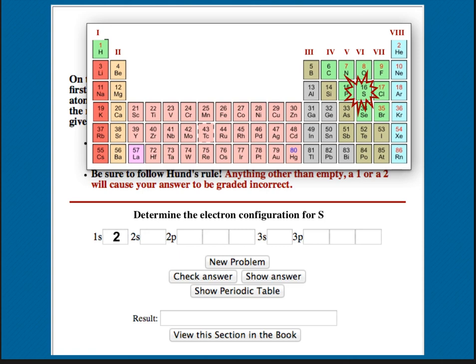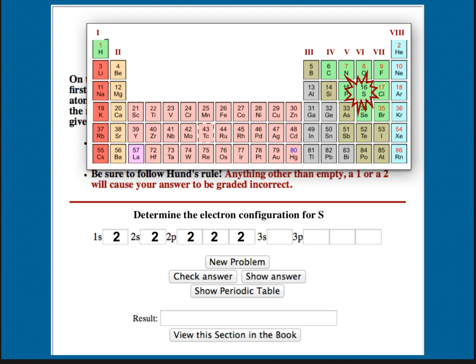We're in the 3rd period, so the 2nd period is full too. We have 2 electrons in the 2s. We have 6 electrons in the 2p's, but remember they're paired up: 2, 2, and 2.